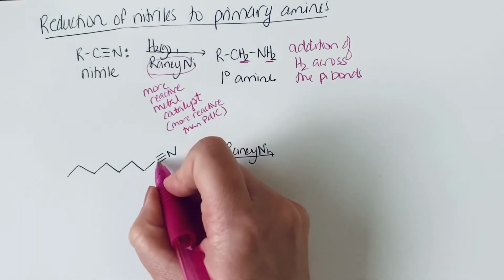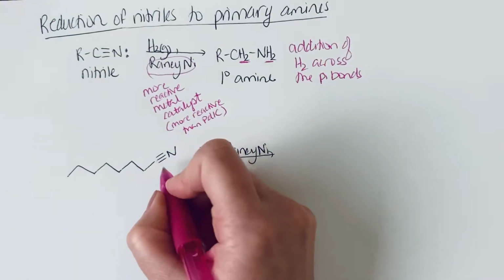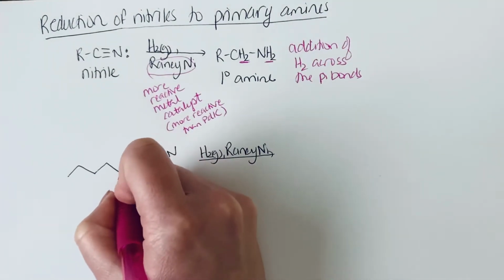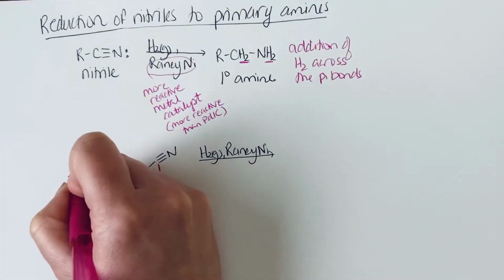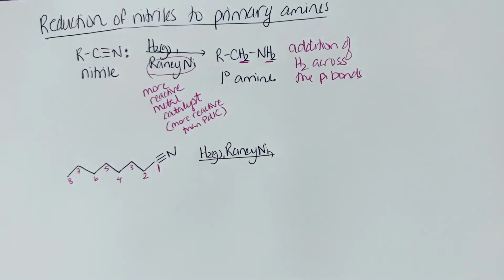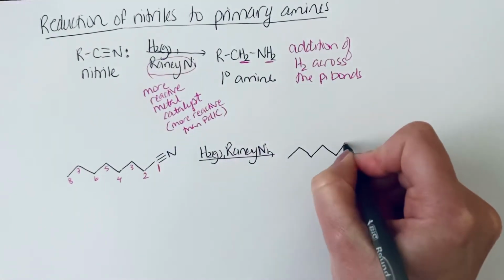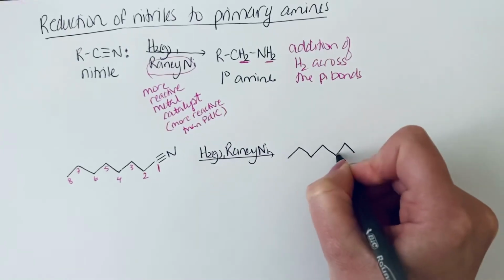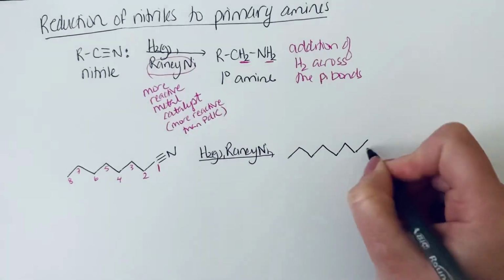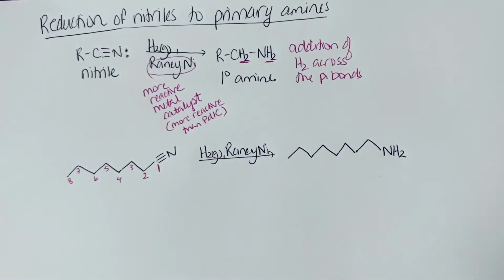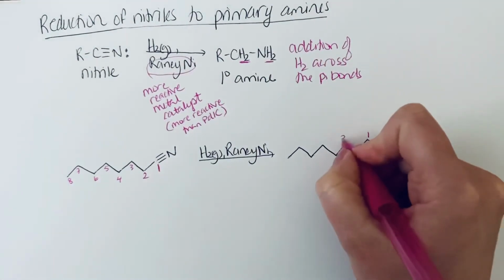The key is recognizing that this right here is a carbon of your nitrile. So 1, 2, 3, 4, 5, 6, 7, 8. We're just going to draw an 8 carbon chain, 1, 2, 3, 4, 5, 6, 7, 8, and then the bond to the NH2. And that would be the primary amine that this would give us.